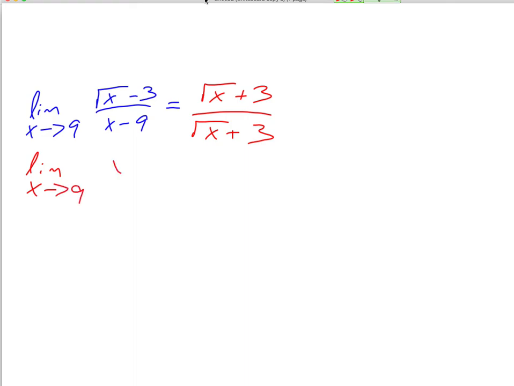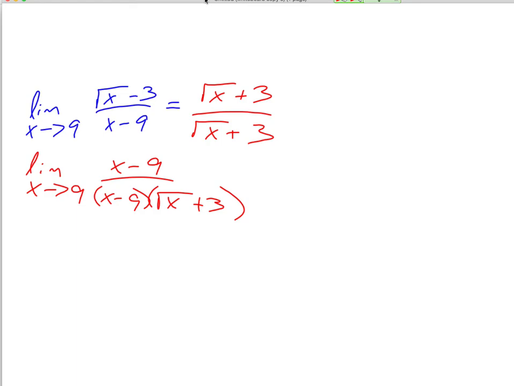That gives me x minus 9 in the top. On the bottom, I leave it as x minus 9 times the square root of x plus 3. You do not multiply it out unless you're multiplying conjugates together. So that's why I multiplied out the numerator, but not the denominator.